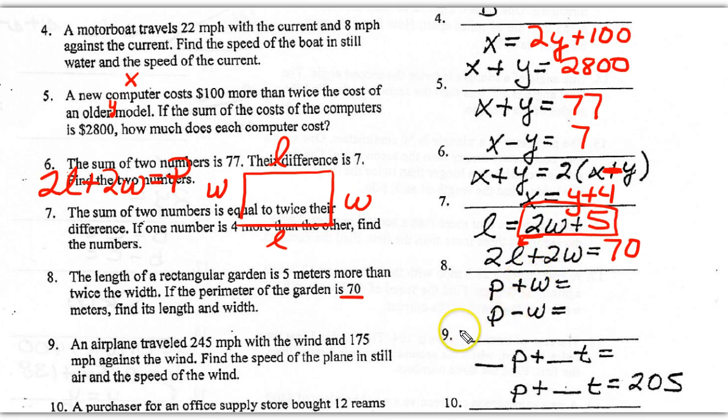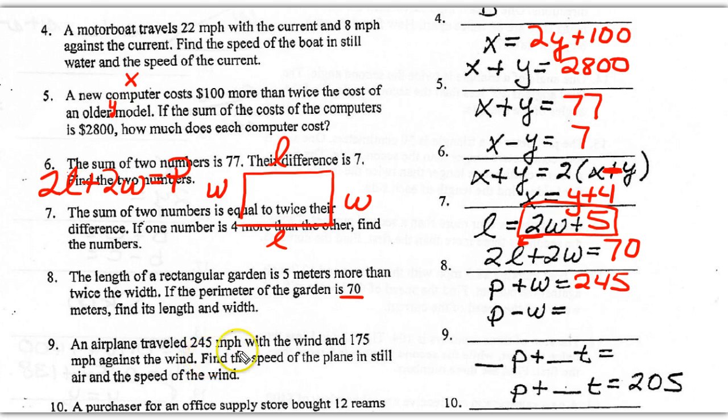And I think we can fit in number 9 here. This is similar to our boat up here. An airplane travels this many miles with the wind. So here's the rate of the plane in still air plus the speed of the wind. It's going to travel 245.